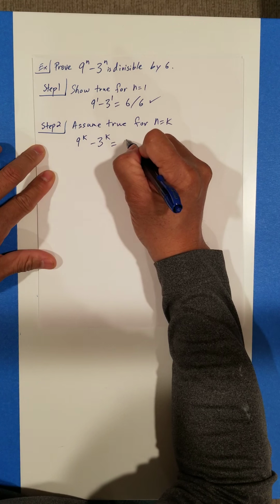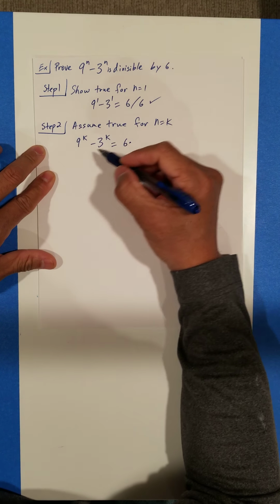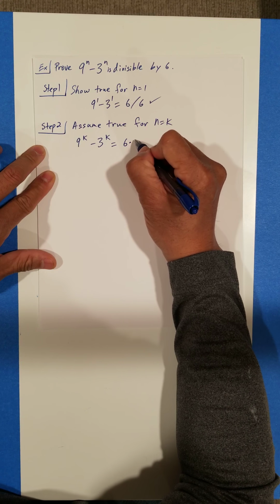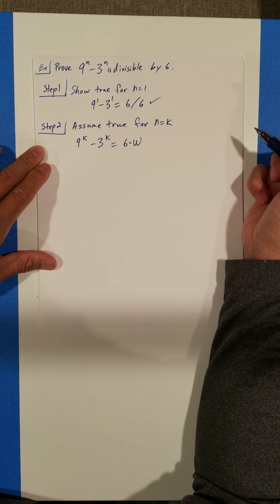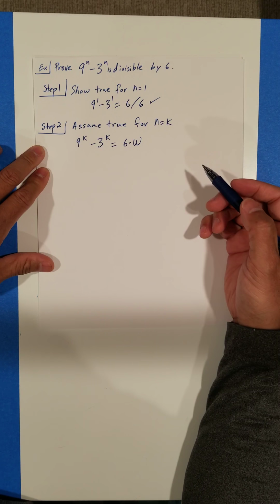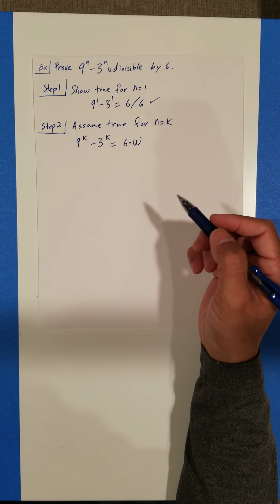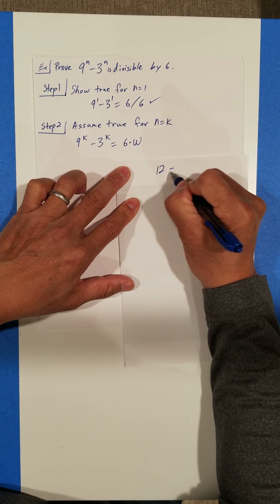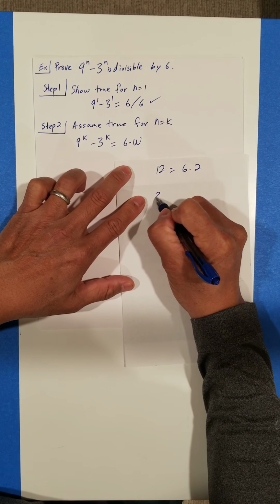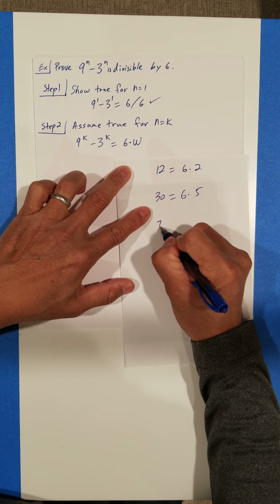Now, what does it mean to be divisible by 6? Divisible by 6 means it's going to be 6 times some number. I can break that answer down to be like 6w. That's how I know when something is divisible by 6. I can rewrite it as 6 times something else. For example, 12 is divisible by 6 because it's 6 times 2. 30 is divisible by 6 because it's 6 times 5. 72 is divisible by 6 because it's 6 times 12.